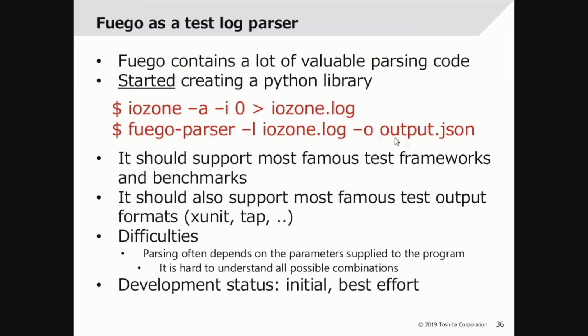And I suppose it would be nice to just standardize this, right? My goal was to support any test framework and benchmark that is relevant, famous. And it would also support, apart from this output.json, some other formats like XUnit, TAP, or whatever, so that we could even convert between formats.